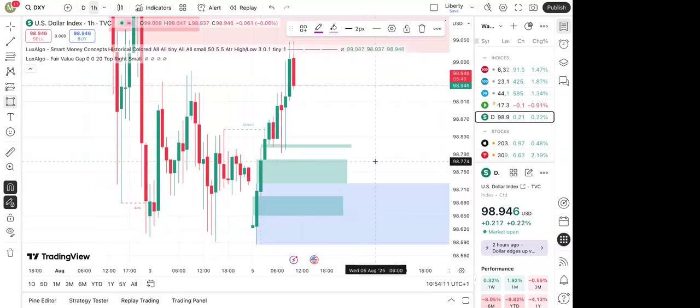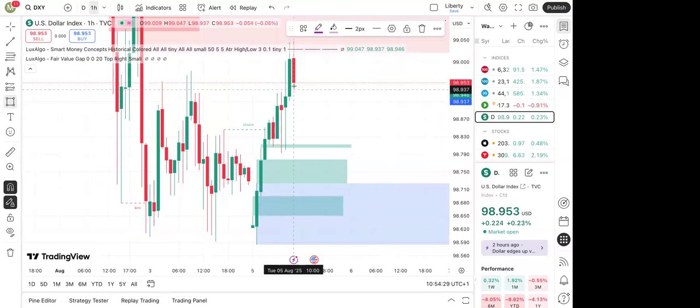From here, we can see that the DXY has had a good day, being bullish, but now is beginning to sell. Earlier today, it was bearish. And what did that tell us? Our gold is also about to start buying.